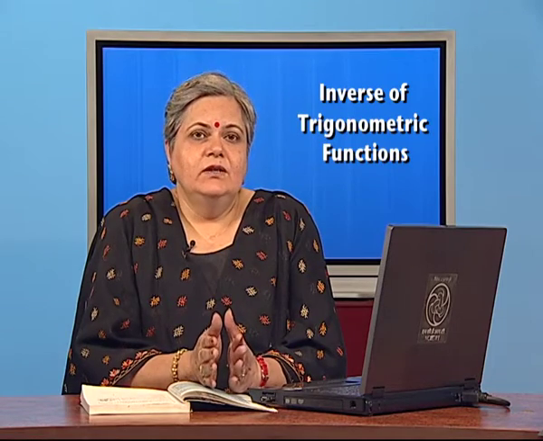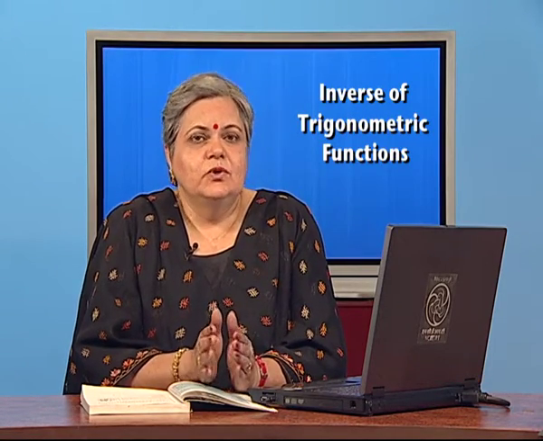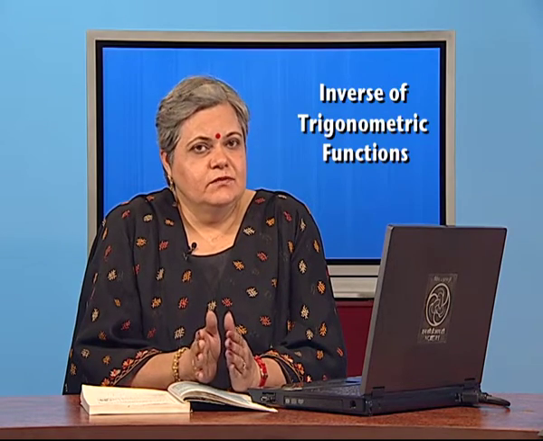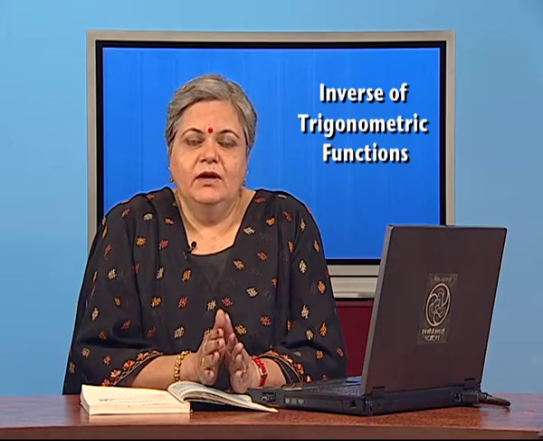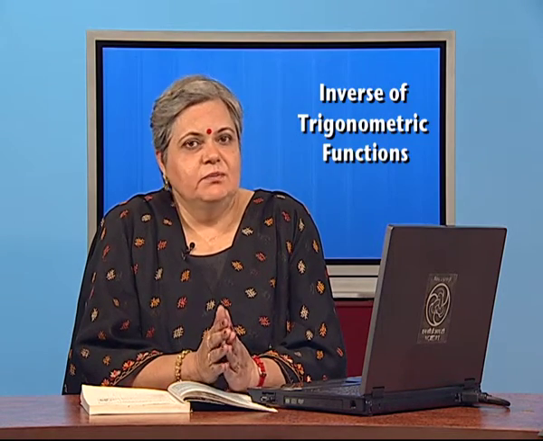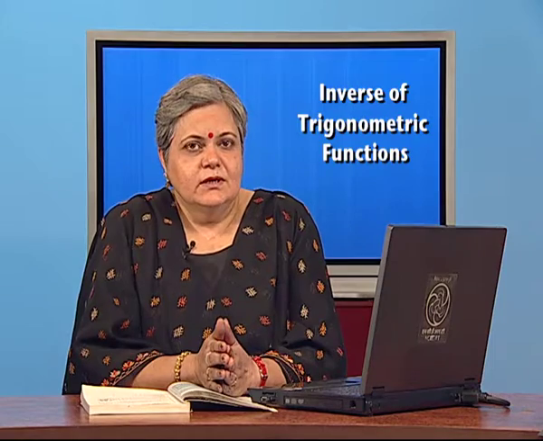You may define sine inverse from minus 1 to 1 to any other of those intervals that we just discussed, and the function would remain defined, but is not addressed as the principal value branch.